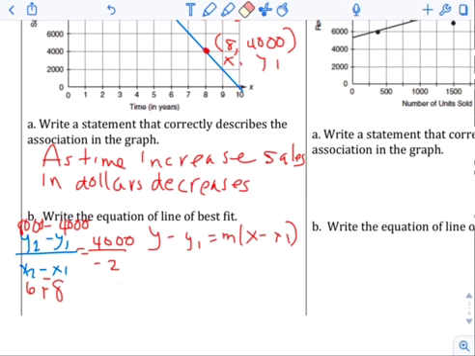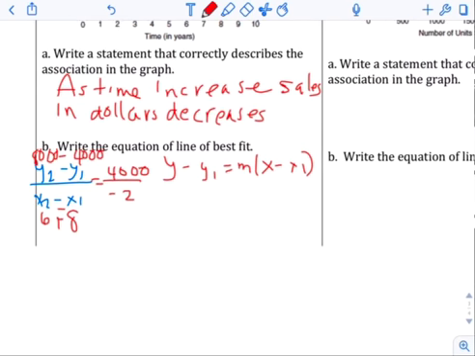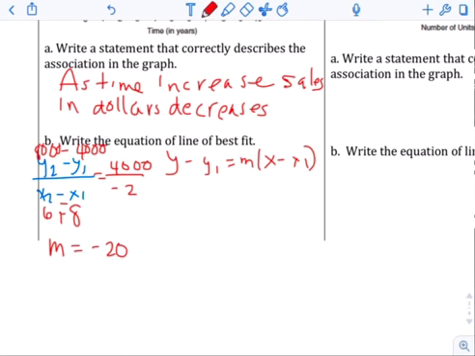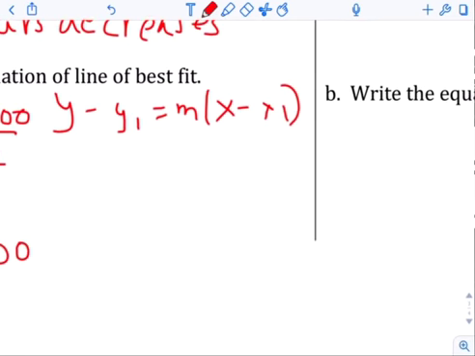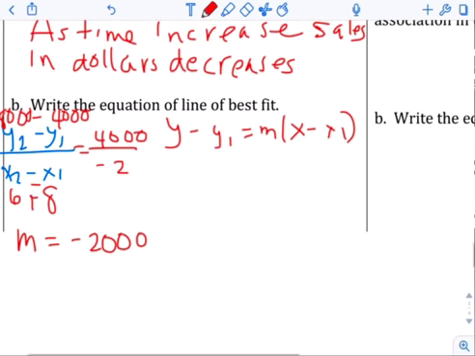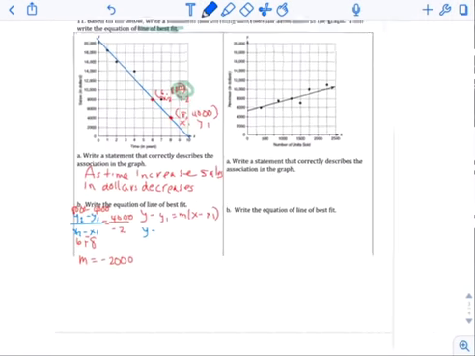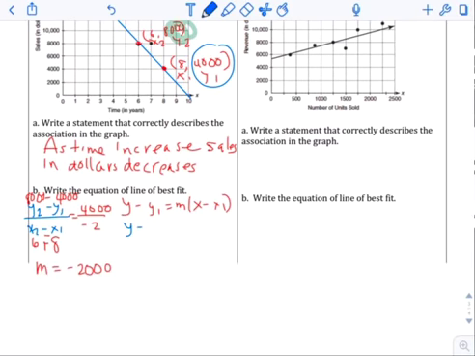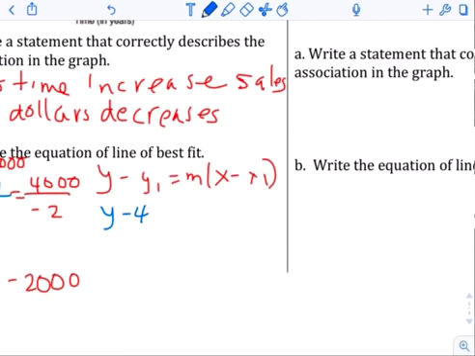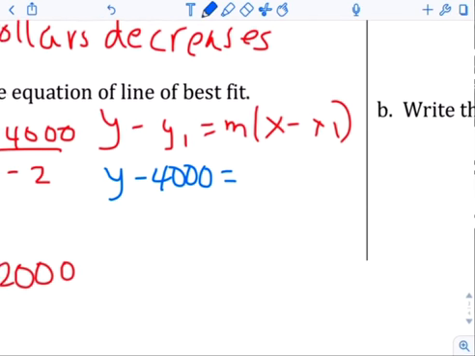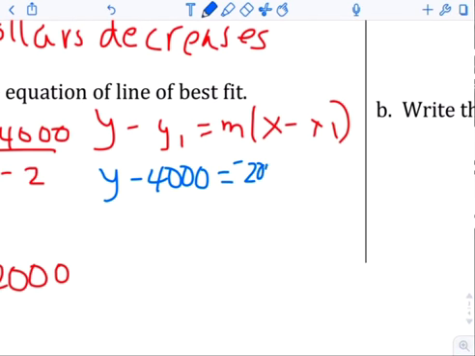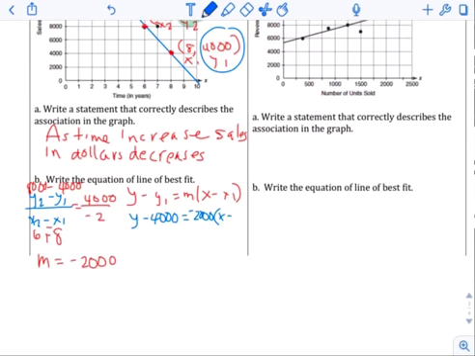Hold on. We'll just write it here because we need a place to put our answer. y minus y1, 4,000. m is negative 2,000. x minus x1, 8.